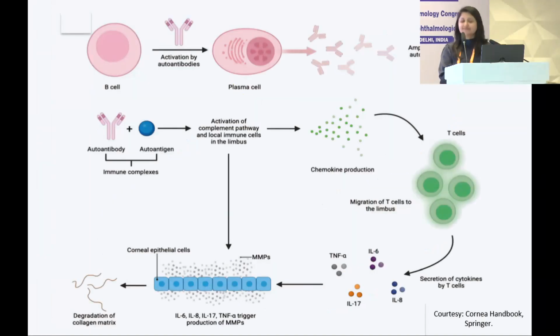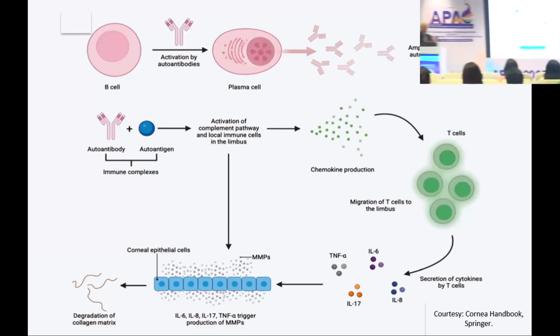Does everyone understand, in very simple terms, what we mean when we say autoimmune or immune complexes? What it means is that normally the cornea is not recognized by the immune system as foreign.